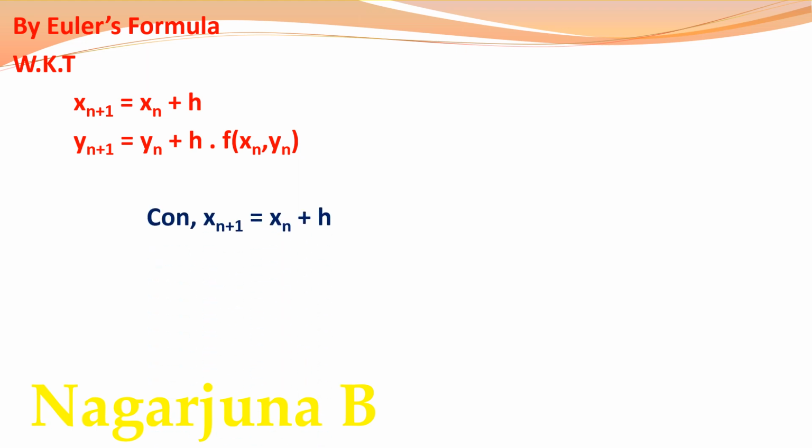So first we shall find the values of x1 and y1. Consider xn plus 1 is equal to xn plus h. Here we need to find x1 value. So for that purpose we take n is equal to 0 and h value is 0.1. Therefore we can write x0 plus 1 is equal to x0 plus 0.1, and x0 value is 0 which has been given in the question, and 0 plus 1 is 1.